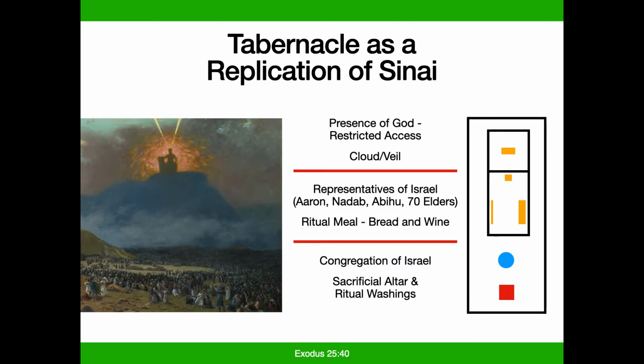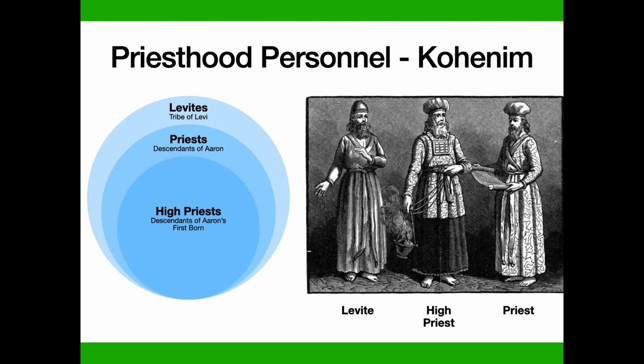Now, in order to understand the temple, we need to understand the priesthood personnel that acted within the temple. So Kohen is the name for priest in Hebrew, and if we remember the im, I-M, at the end of a Hebrew word makes it plural.